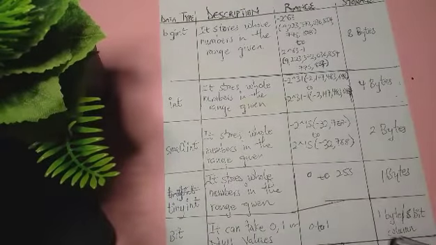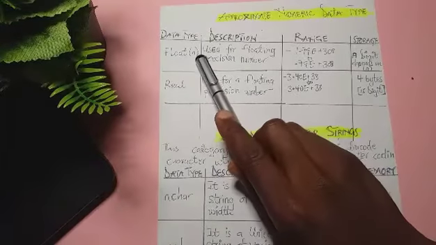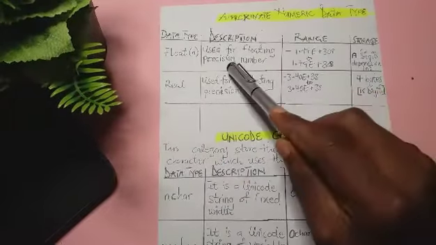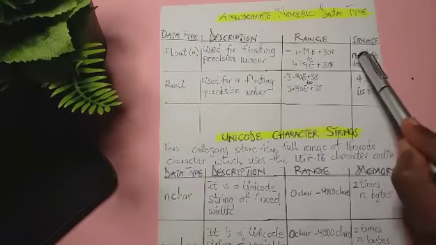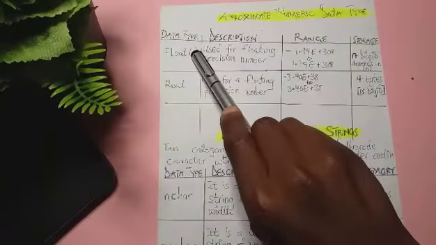Let's look at the approximate numeric data type, and we have float. It is used for floating precision numbers. That's the range given over here, and the storage is n digits, depending on the number of digits you specify within the float.